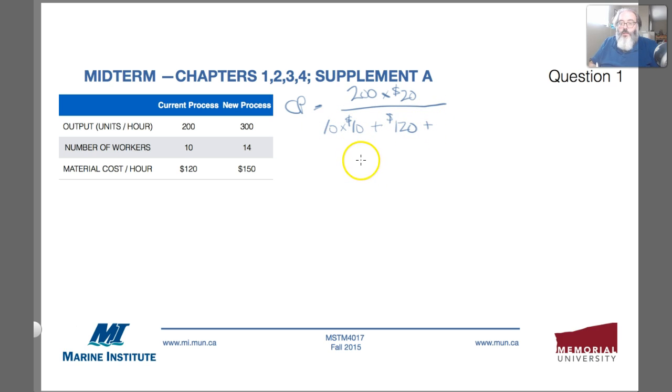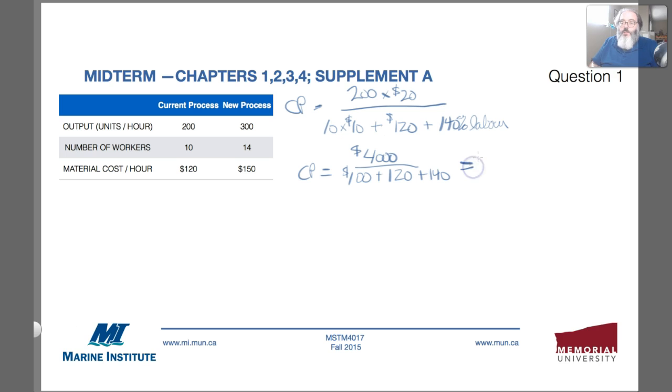So labor, I'll just work it down here a little bit. So this is 4,000 over, and I'll just do 140% labor. So this is going to be 100 plus 120 plus 140. And that's just 1.4 times 100.